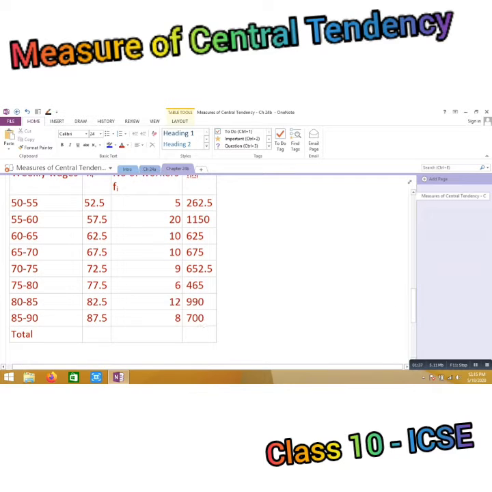Now we can find the total for those two columns, frequency and fx.